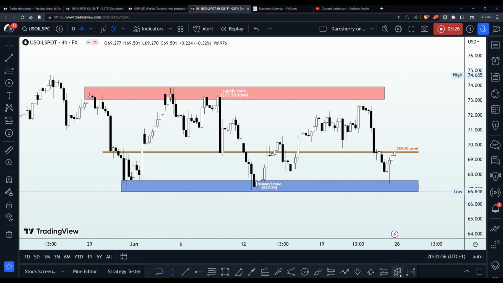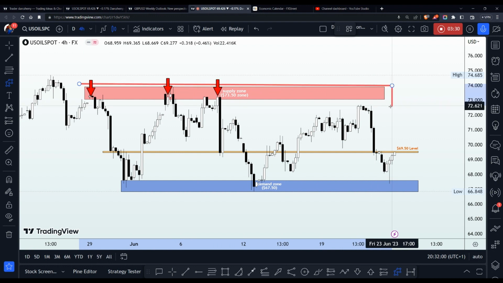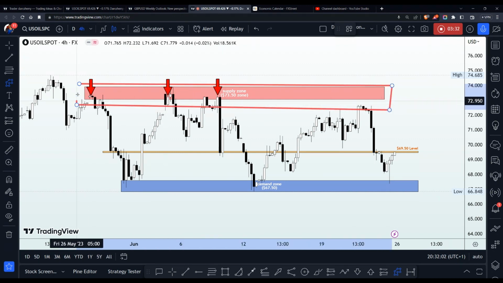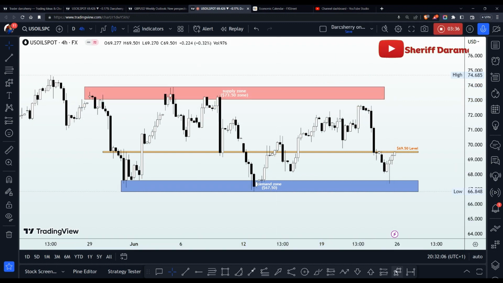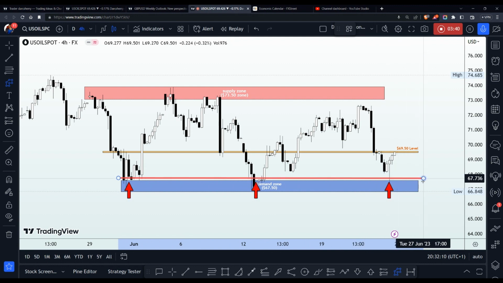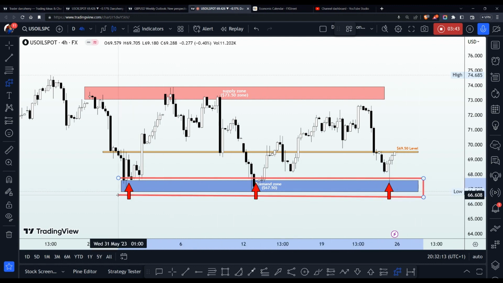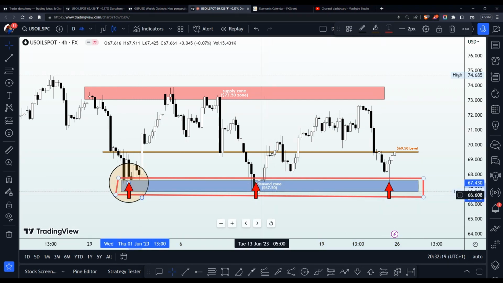As you can see, as soon as buyers push price into the $73.50 level, we begin to see selling pressure negating that attempt. And one interesting thing that also happened here is that when price drops into the $67.50 level, we saw at every point in time how buyers tried to negate the sellers' attempt.